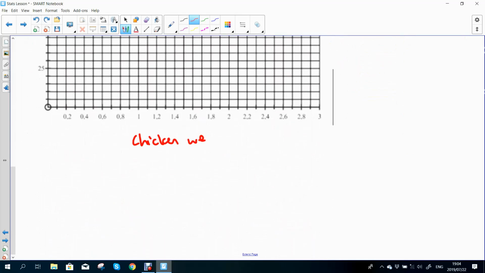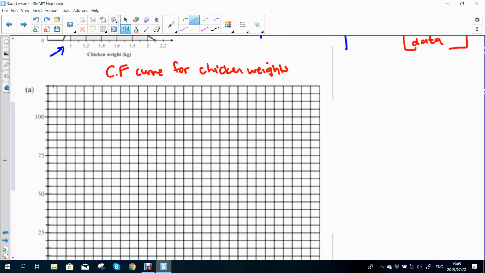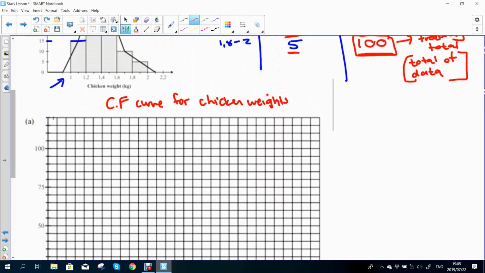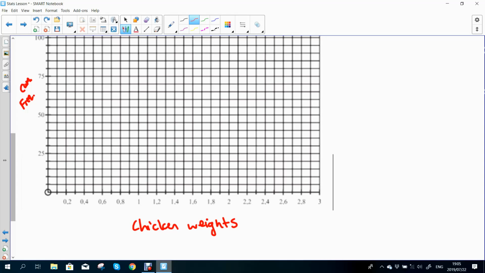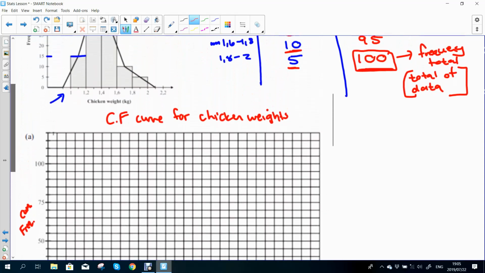So your data always goes on your x-axis, and then on your y-axis, you will always have your cumulative frequency. Sorry, I don't have space, but you need to please put that in. Your y value is always your cumulative frequency. Your x value is always your data values that you are looking at.